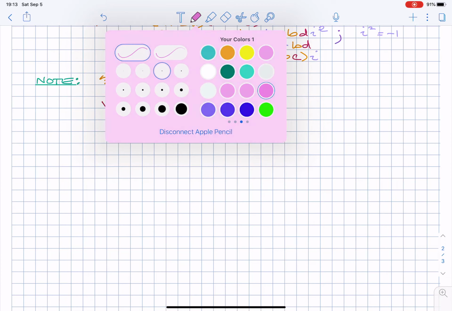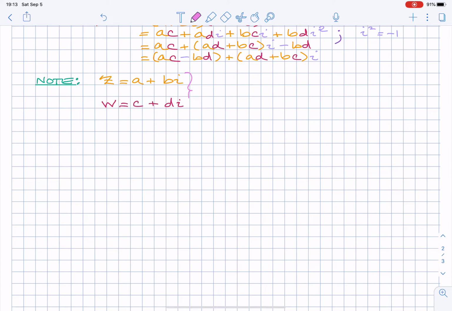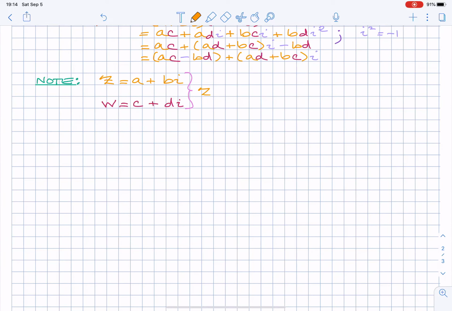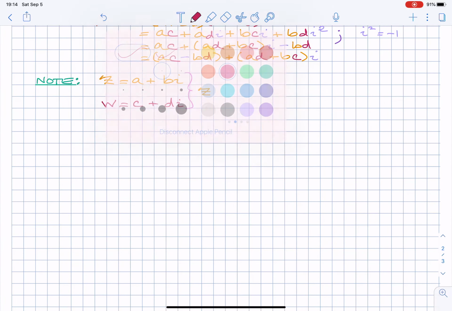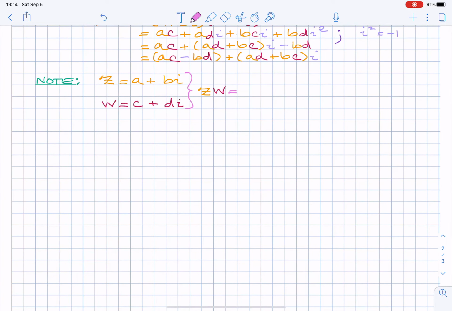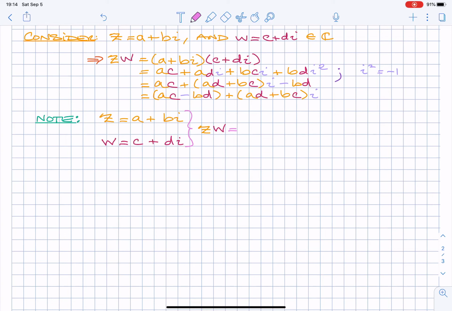Then together, what we get is that z times w is going to be, let's look at the first grouping. Maybe I'll color code it. We know the first grouping is AC minus BD.